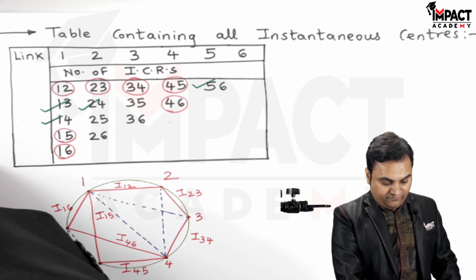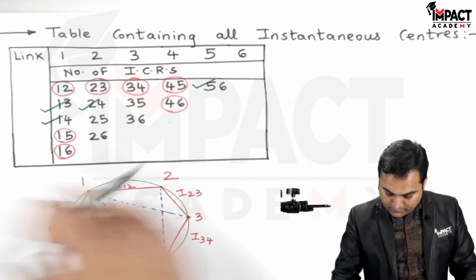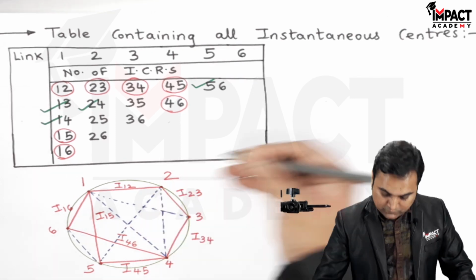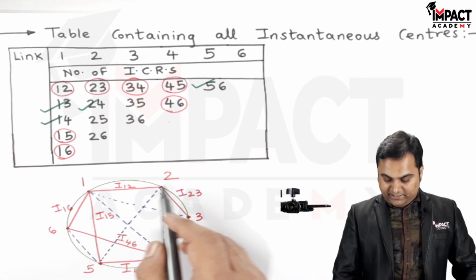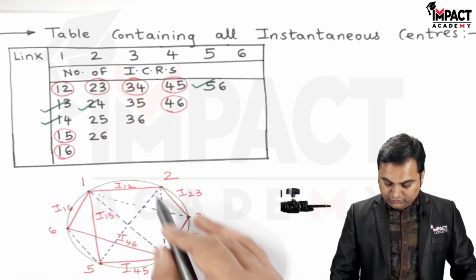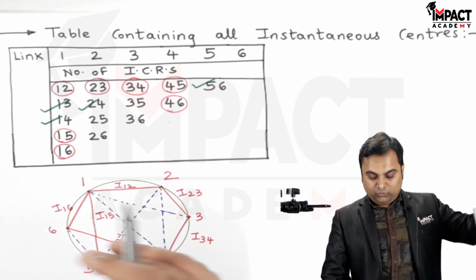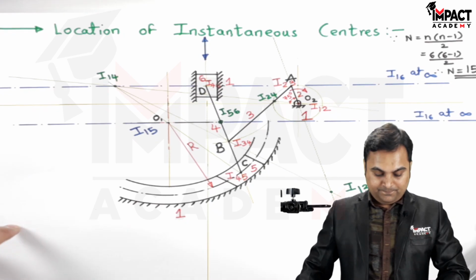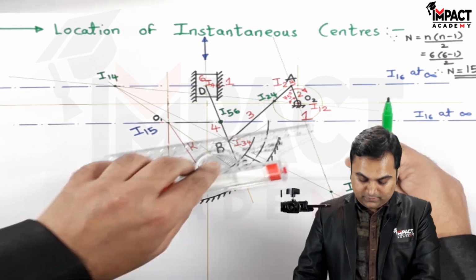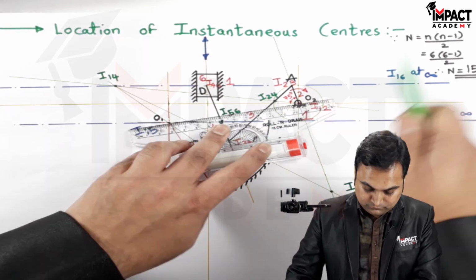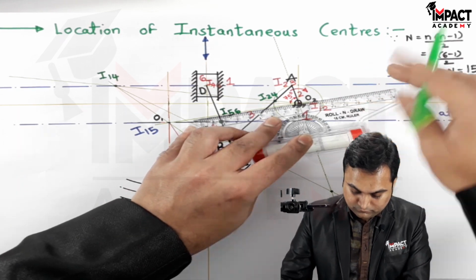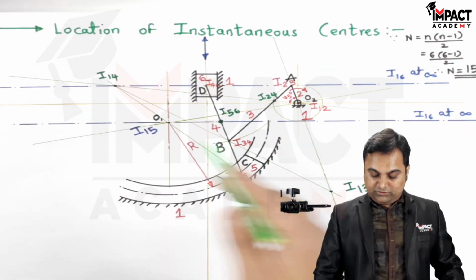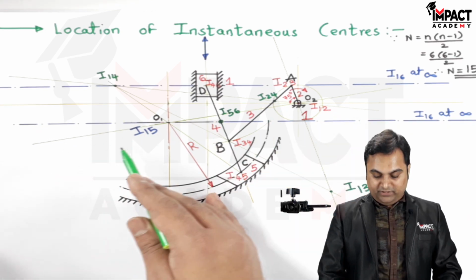Next for 2 5, connecting 2 and 5. So the two sets of triangles are 1 2 5 and 2 4 5. So 1 2, 1 5, passing a line through them. So this is the line which is passing through 1 2 and 1 5.